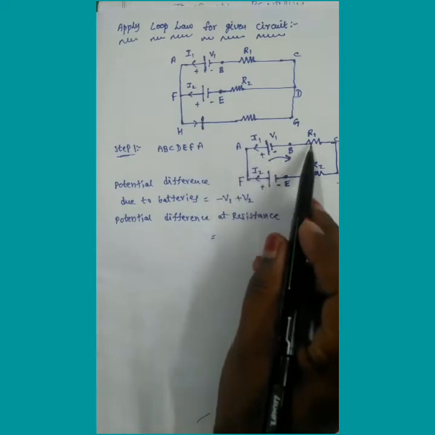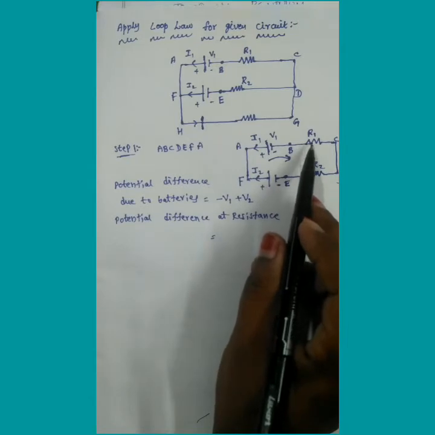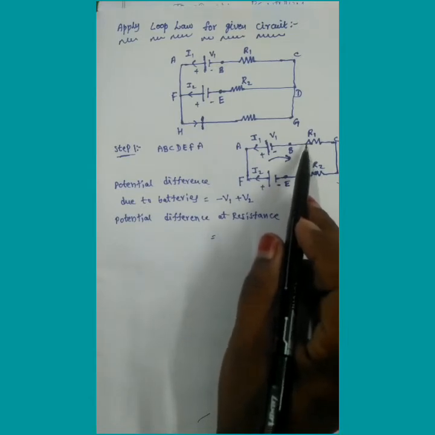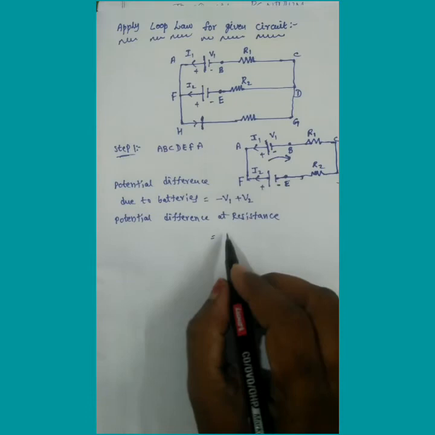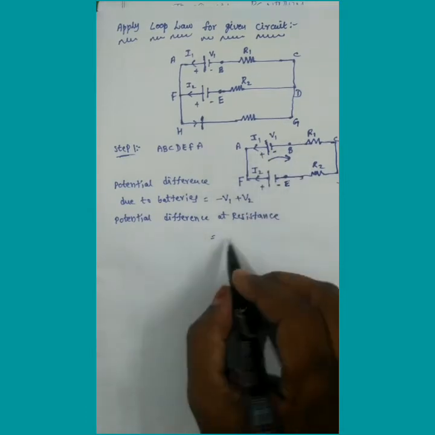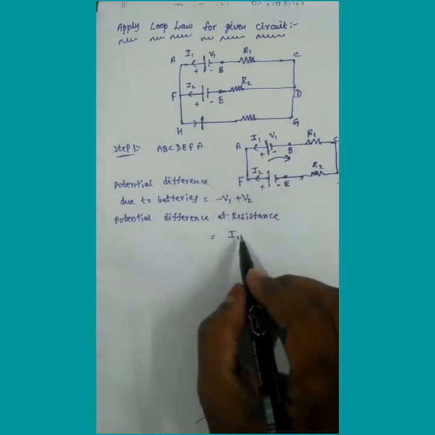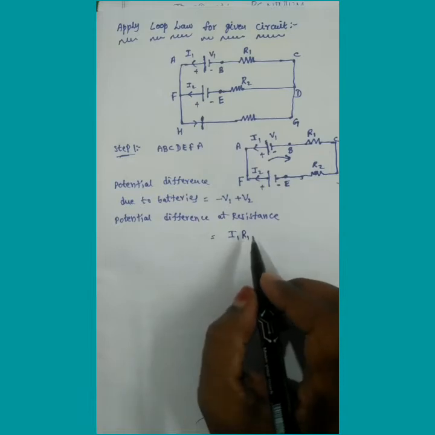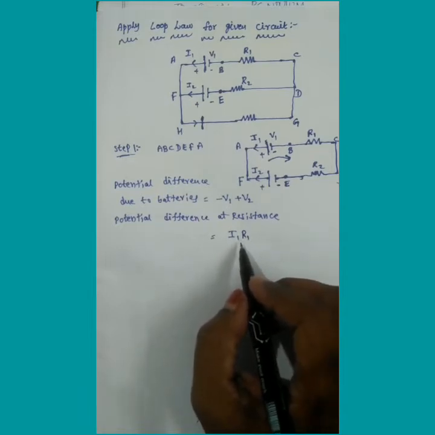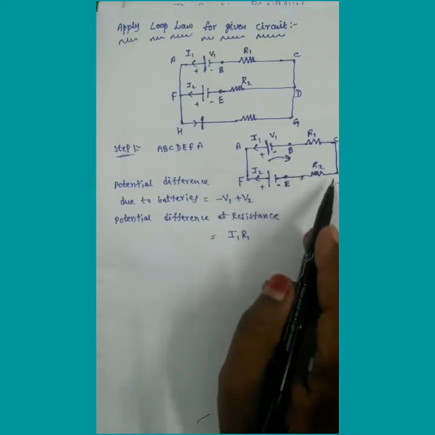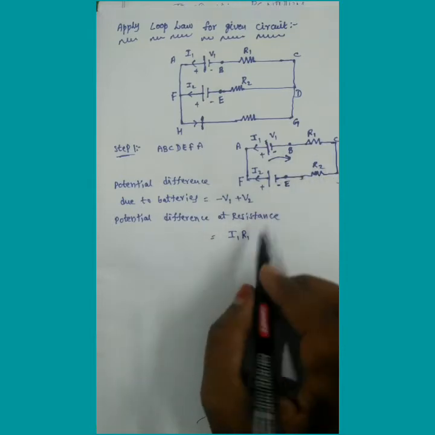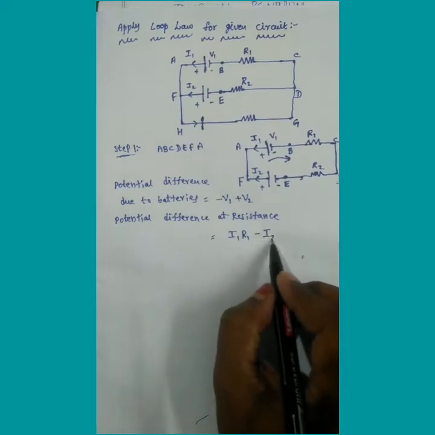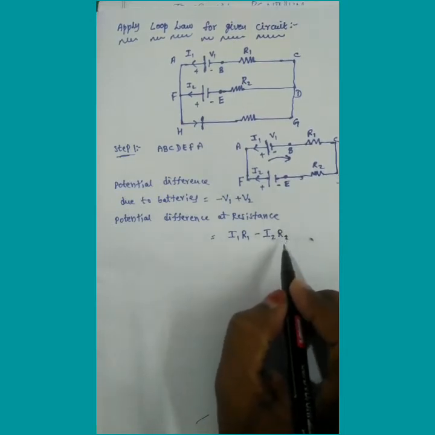At the resistor R1, the current flowing is I1 and the resistance is R1. According to Ohm's law, V equals IR, so it is I1 R1. And if you come here, it is in the opposite direction, so we have to take minus I2 R2.